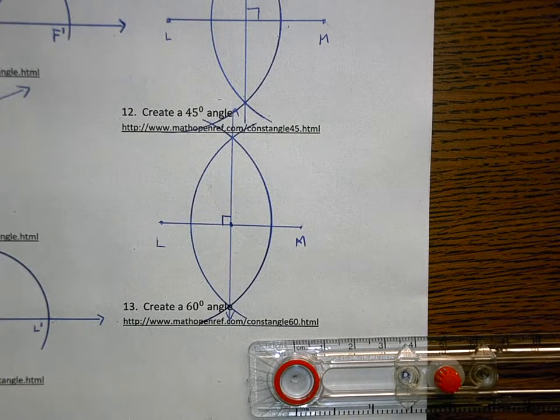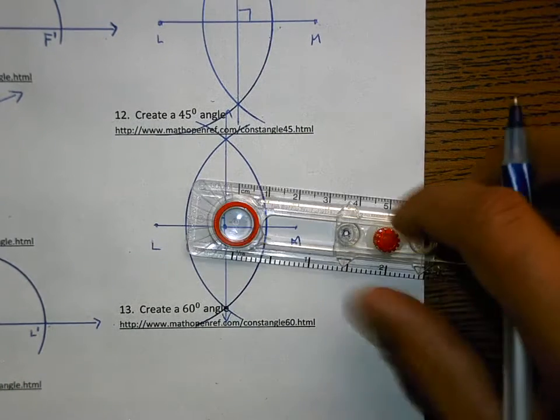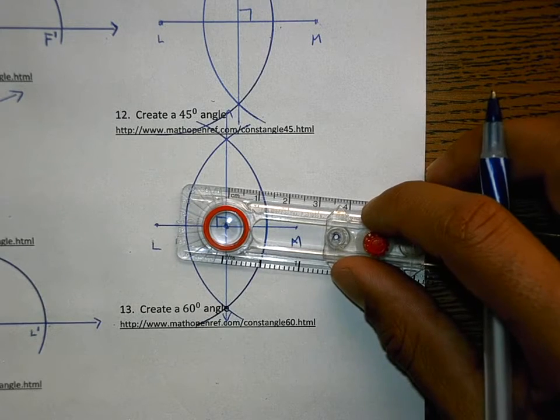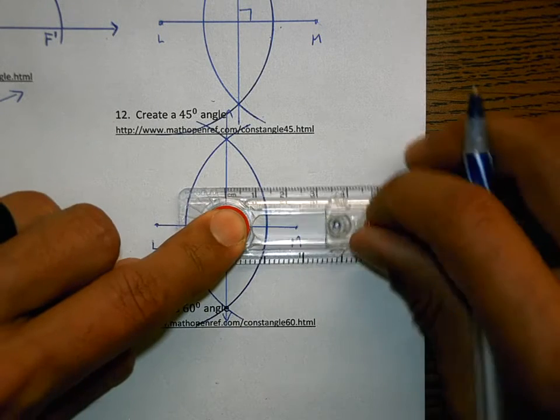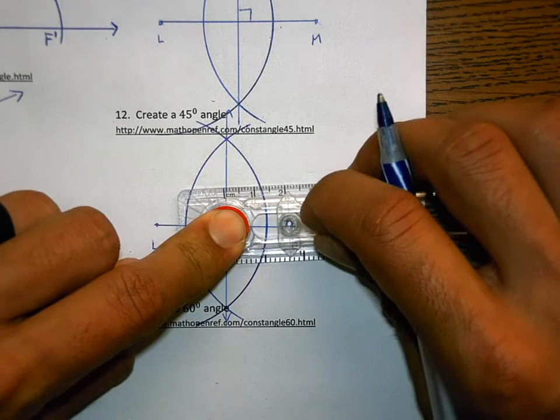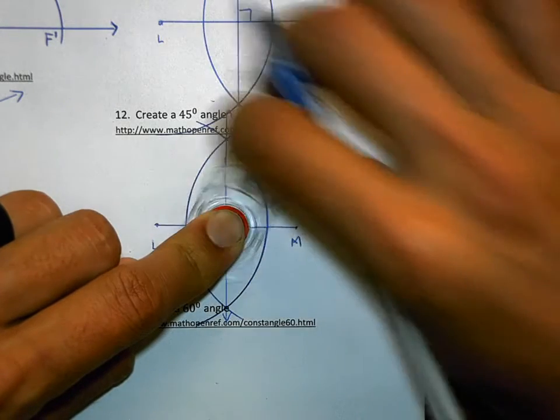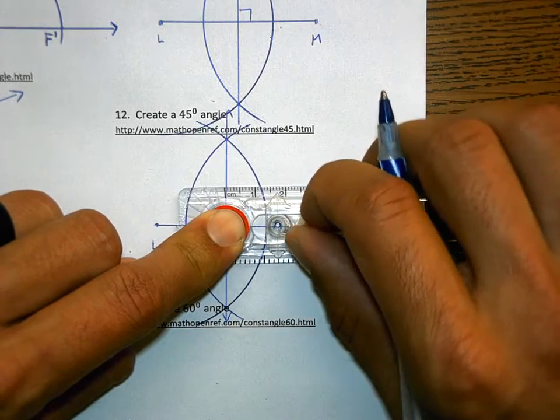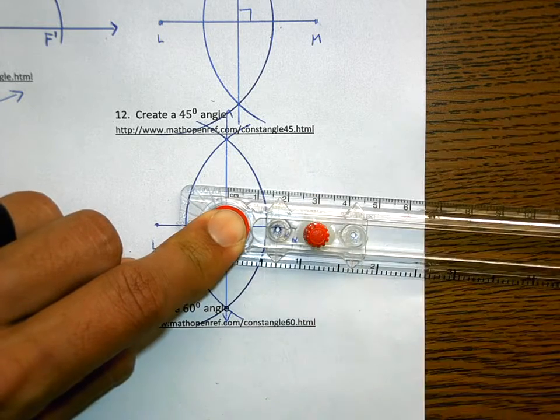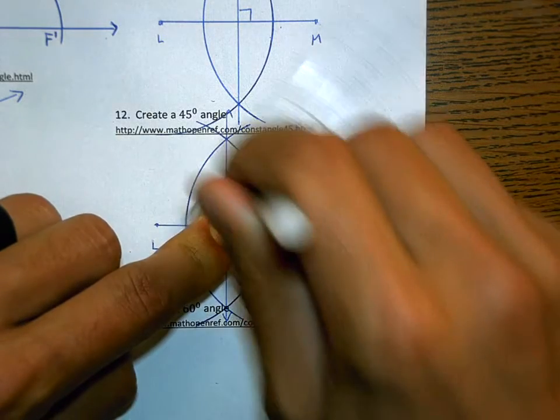Once you get your 90 degrees, put your bullseye in the center. And what I want you to do is adjust your holder until it hits both sides. Make sure it hits both sides of this 90-degree angle and tighten it up. Because you're going to make an arc.